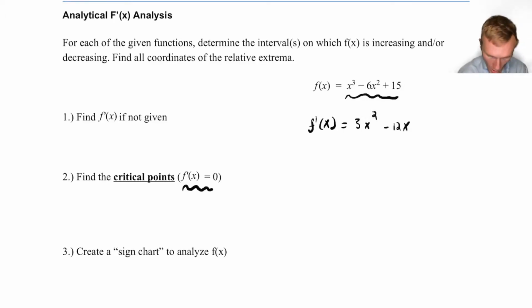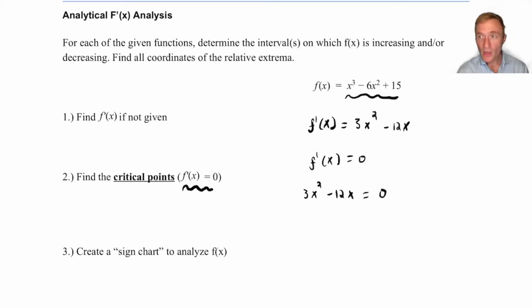So we want to know, when does f prime of x equal 0? Meaning, when does 3x squared minus 12x equal 0? This is going to employ heavy use of your Algebra 2 factoring skills. In this case, we can factor out a 3x: 3x times (x minus 4).